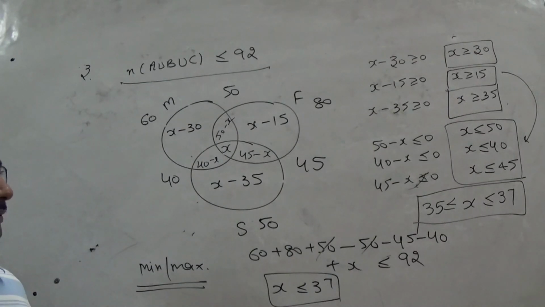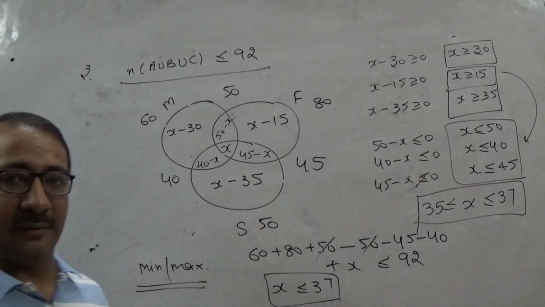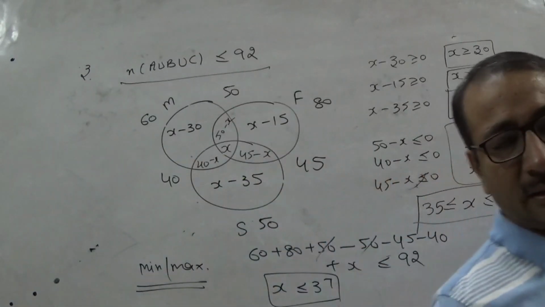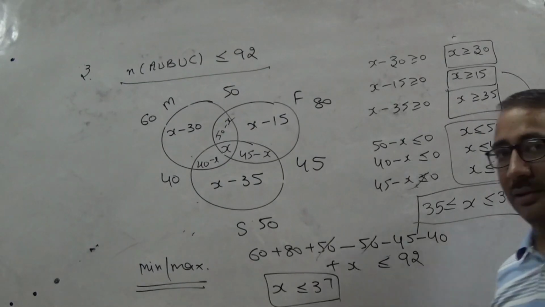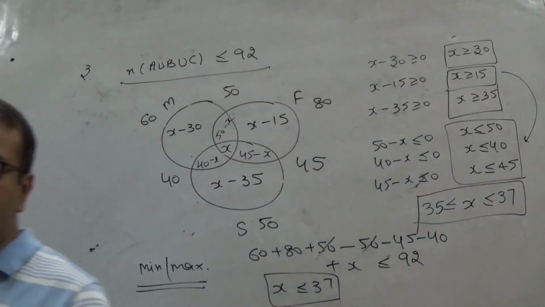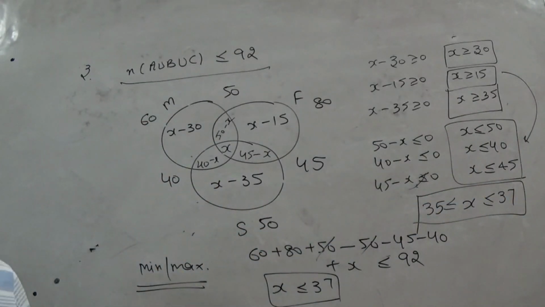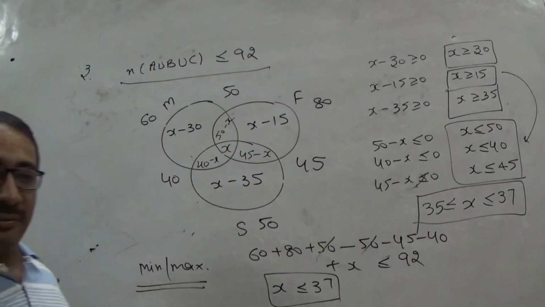So if I have to answer my question, how many values the students playing all the three games can take, that would be 35, 36 and 37. If I have to comment about the maximum number of students, the answer is 37 playing all the three games. Or if I have to find out the minimum number of students playing all the three games, that value will be 35, right?